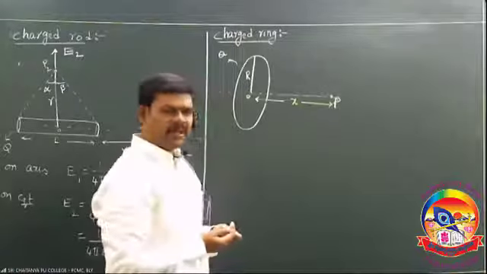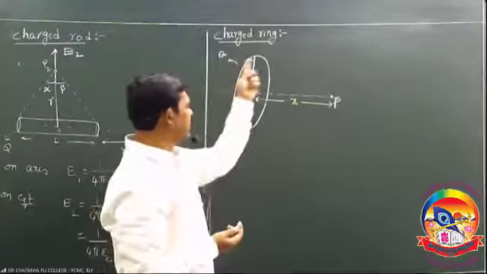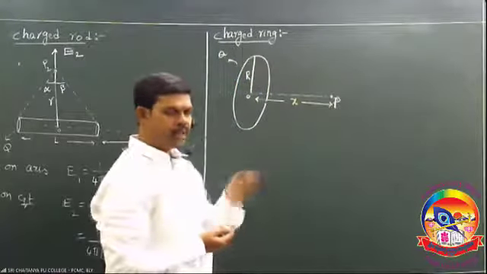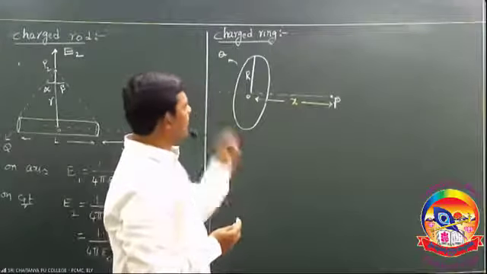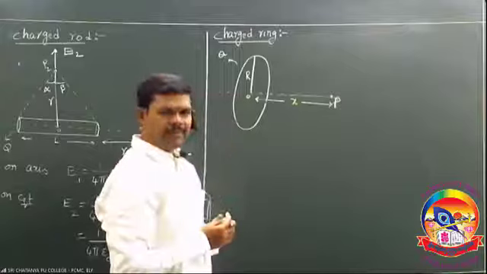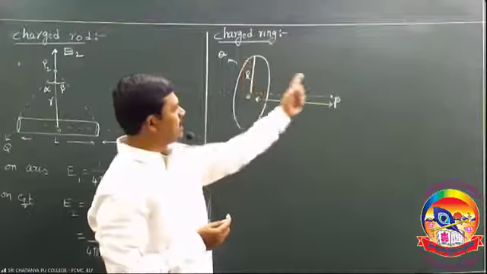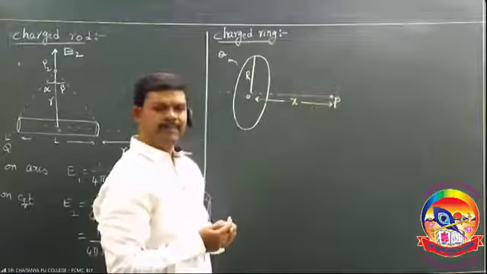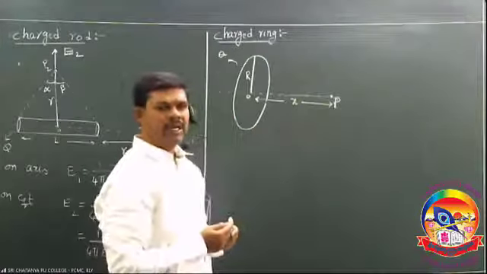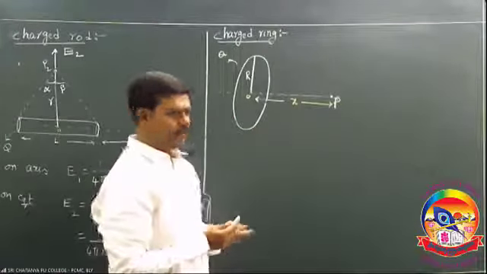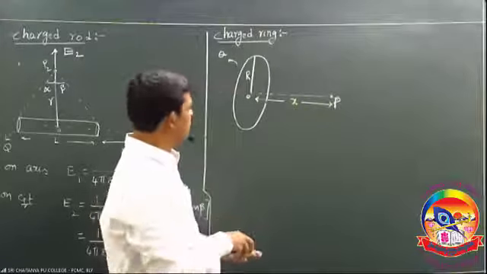We know the procedure. This is also an extended charged body, not a point charge. So what we do, we take a small element. Due to that element, what is the field here? Then we sum up the field due to all the elements. Follow the procedure, right?